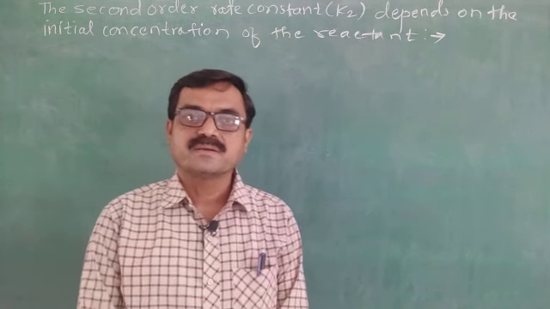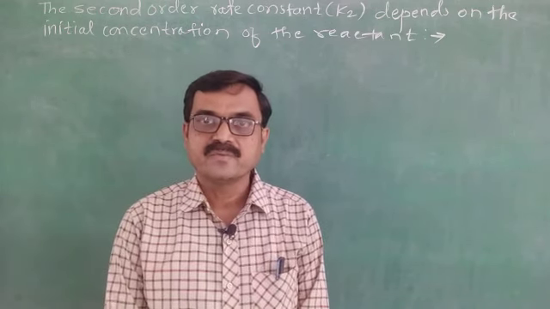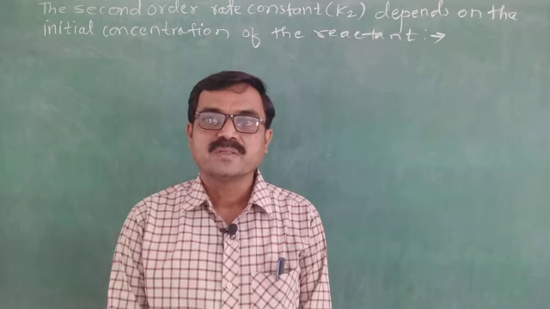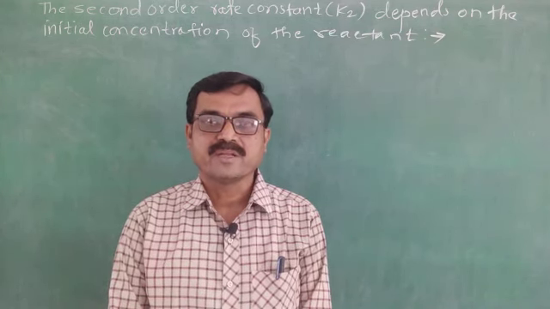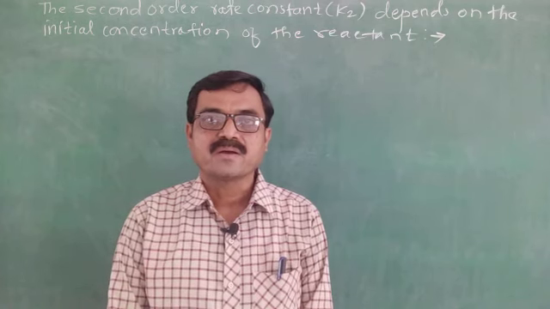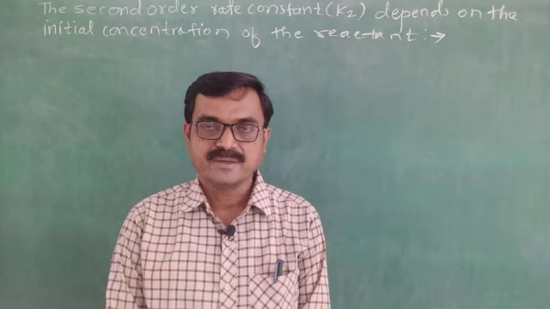Now friends, in our previous period we came to know about the derivation of the rate constant of a second order reaction when the concentrations of both the reactants are different.